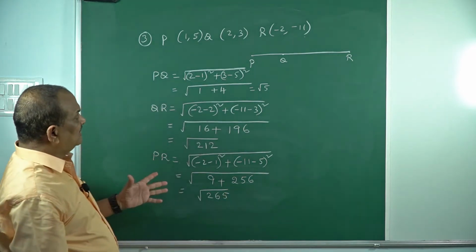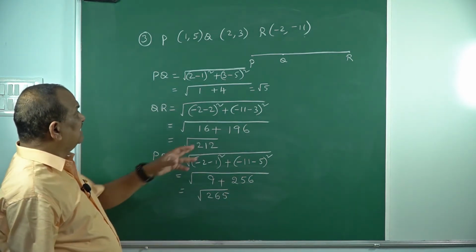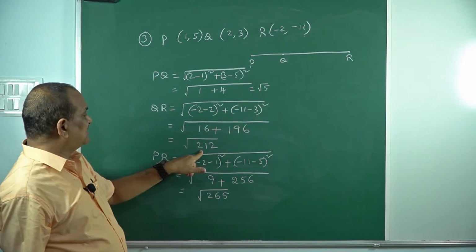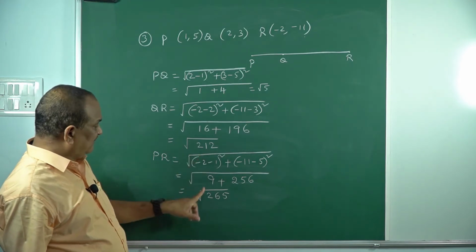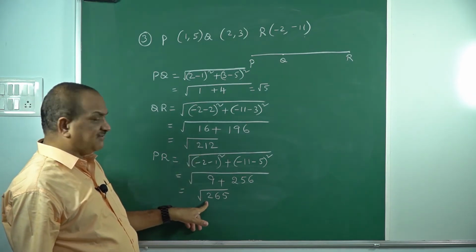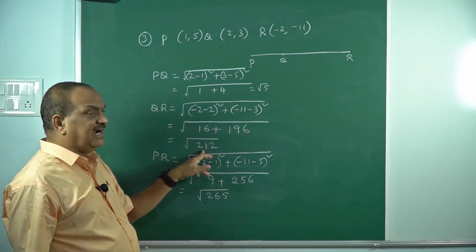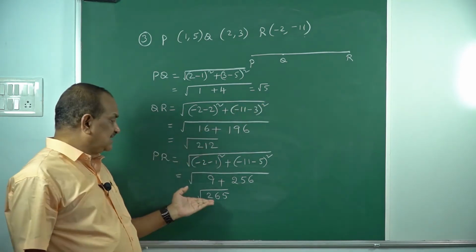If I square this one, 5. If I square this one, 212. If I square this one, 265. But it's not matching that 5 and 212. If I add up, it won't give me 265.